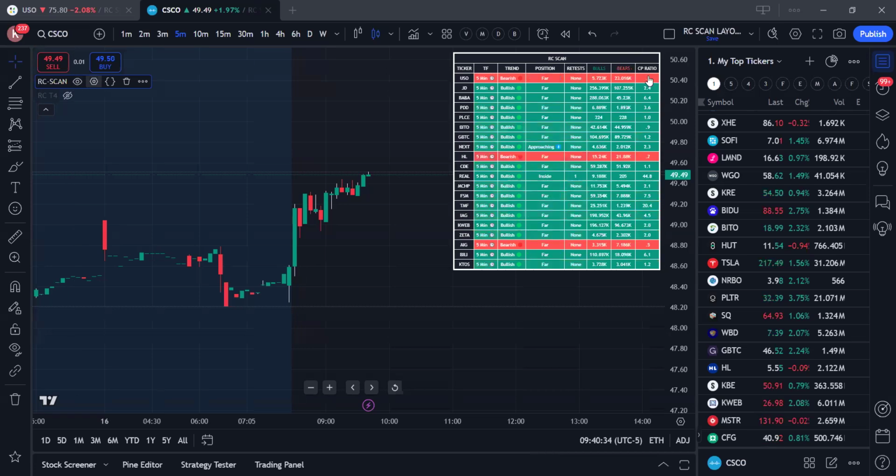Right? Scanner is showing 0.2, only 5,000 buyers, 23,000 sellers.